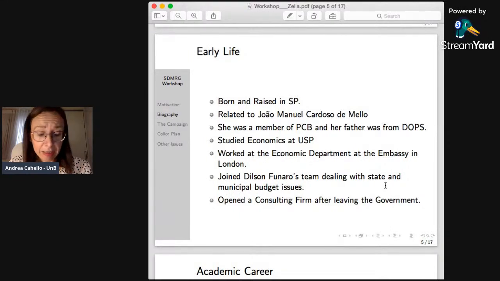He was her cousin, and so she had some ties, not close, to Unicamp and some of the economists that came out of there. When she was young, she was a member of the Communist Party in Brazil, although her father was a sheriff, a delegado at DOPS. So she is a person full of contradictions.